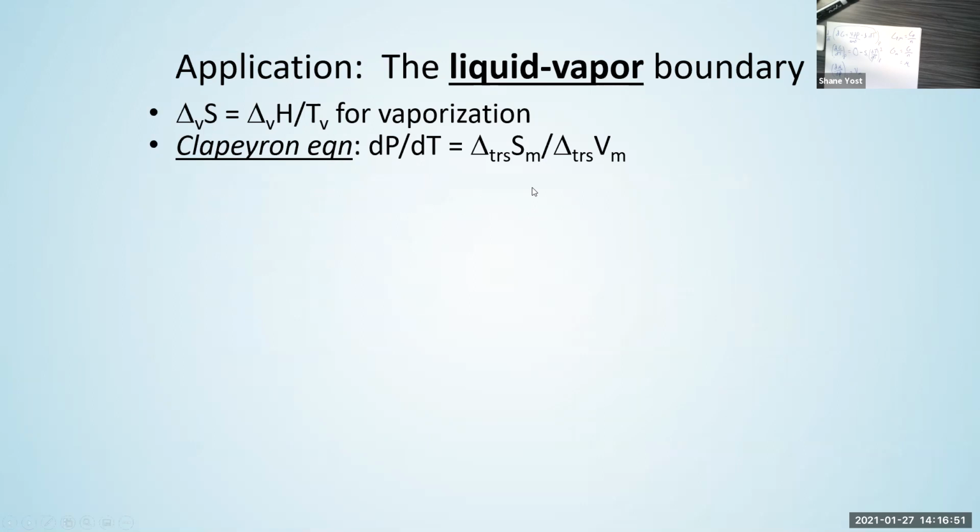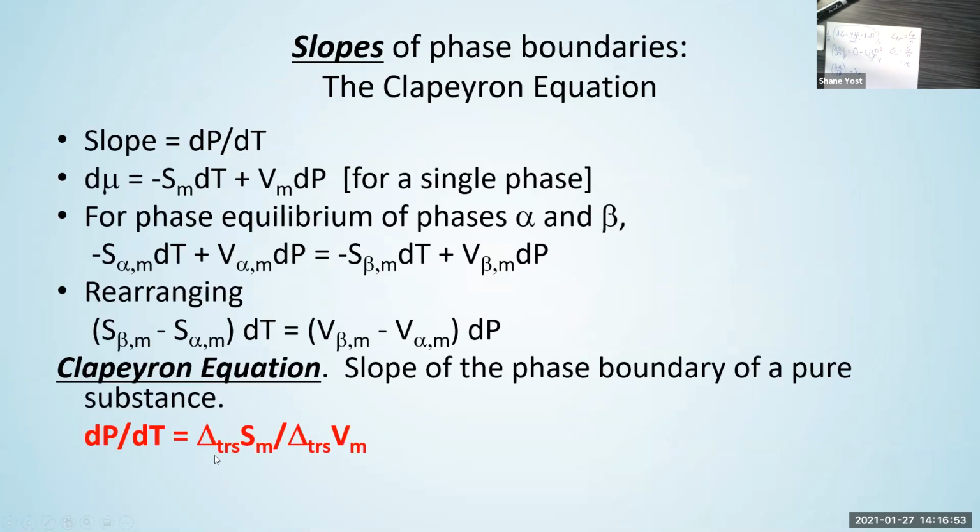Yeah, TRS is transition. So it's the phase transition, say liquid to gas. If you're looking at liquid to solid, it's the change in molar volume between a liquid and a solid, that boiling or melting.